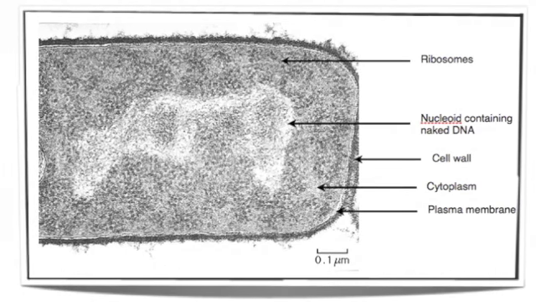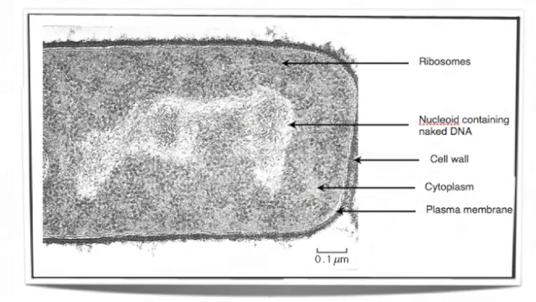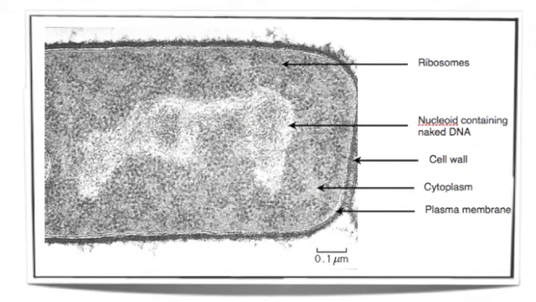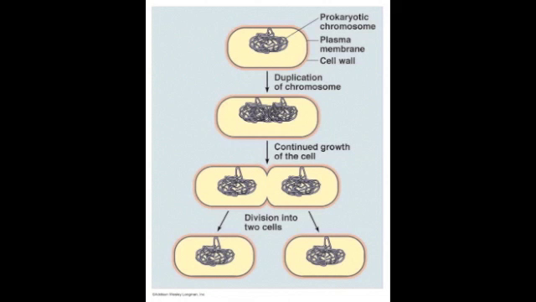The nucleoid is the region that contains the DNA genetic information and controls the cell, and it will be passed to the daughter cell. Prokaryotic cells divide by binary fission. Binary fission is a method of asexual reproduction involving the splitting of the parent organism into two separate organisms.